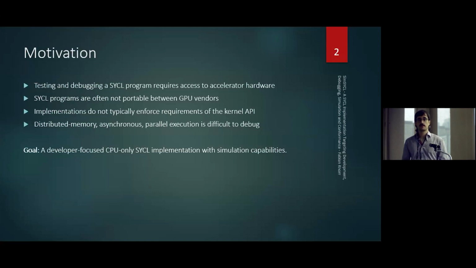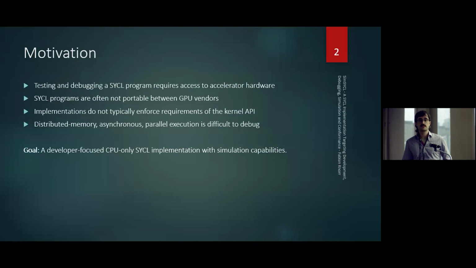Another thing that we were running into was portability. So imagine you have a program that you just ported from CUDA to SYCL, and it works. You got the correct results, and now you want to run the same thing on an AMD GPU, and suddenly you get garbage results, and you want to know why.